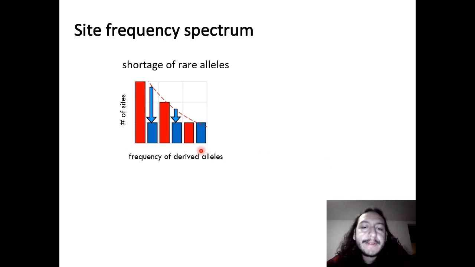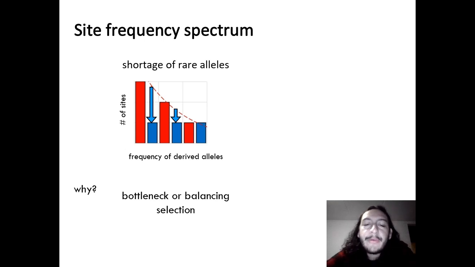For example, here we see that there is a shortage of rare alleles. Then these rare alleles that you would expect to have are not really there anymore. And the reason why is that there could be a bottleneck event. So if you have this random disappearing of individuals or this catastrophic event, you can imagine that the alleles that are going to actually survive are the ones that are more common in the population.